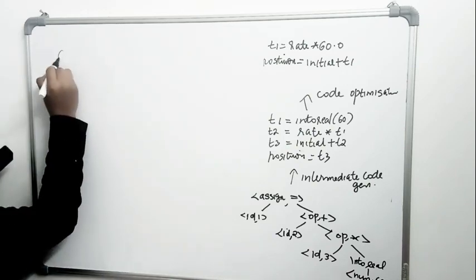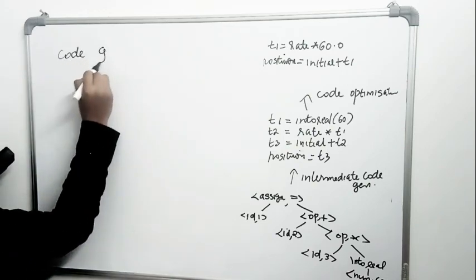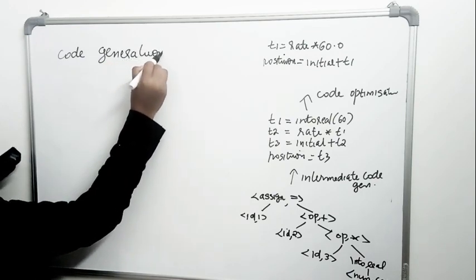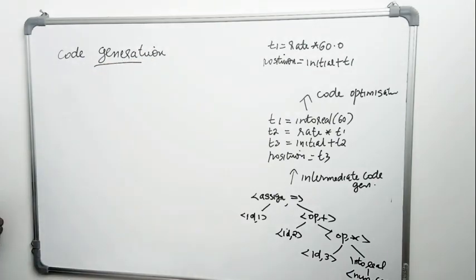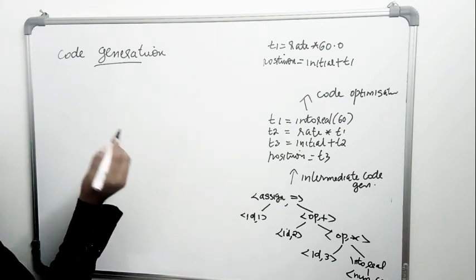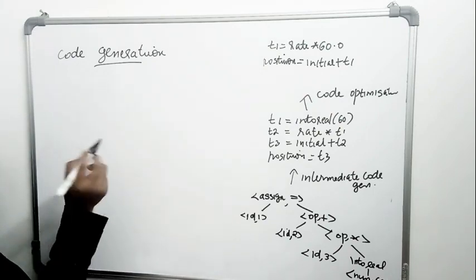So code generation, that is the last phase. We are assigning registers and memory locations to the variables and generating assembly language code. So we have to multiply rate into 60, isn't it?